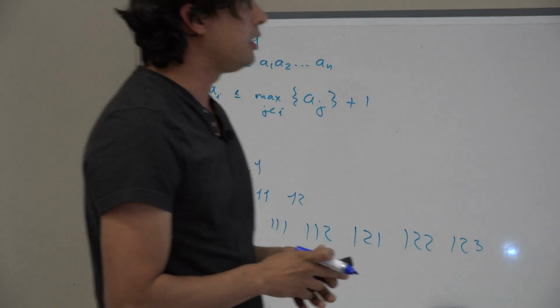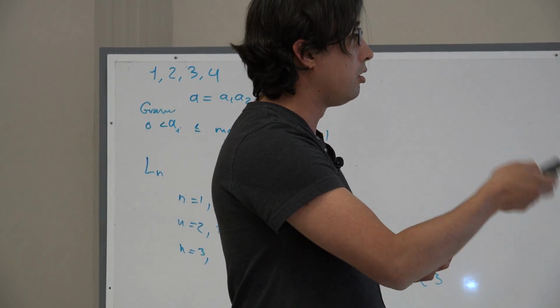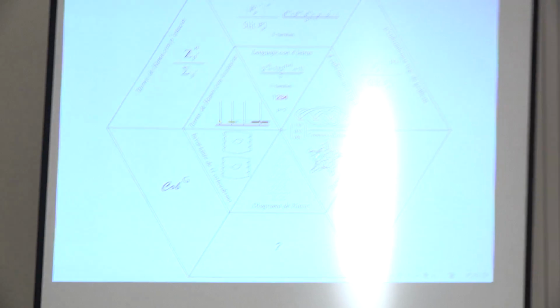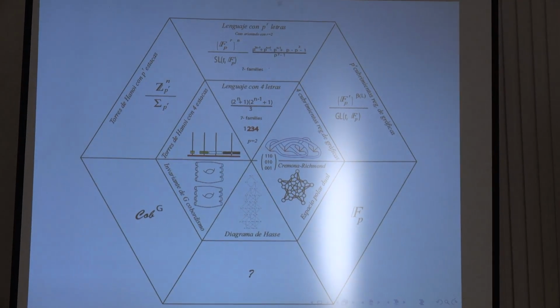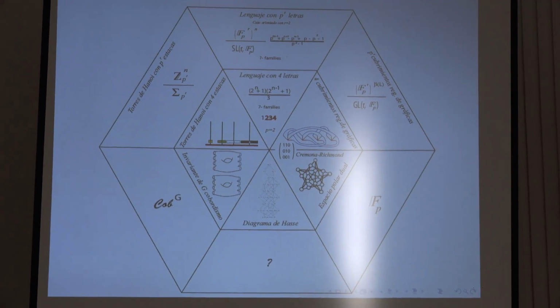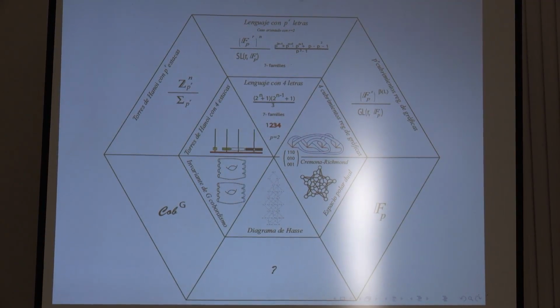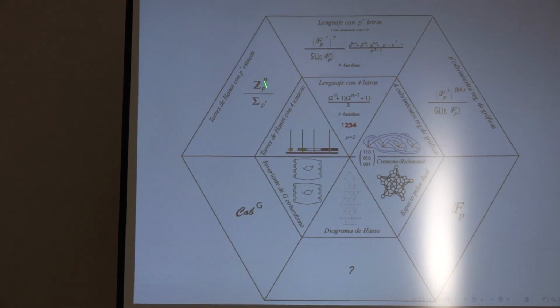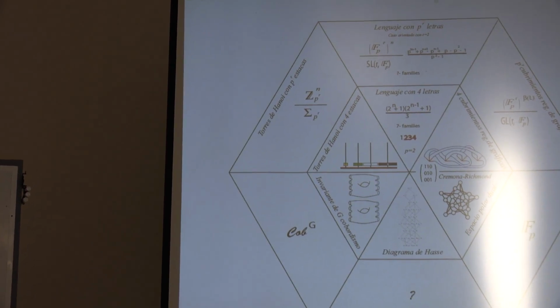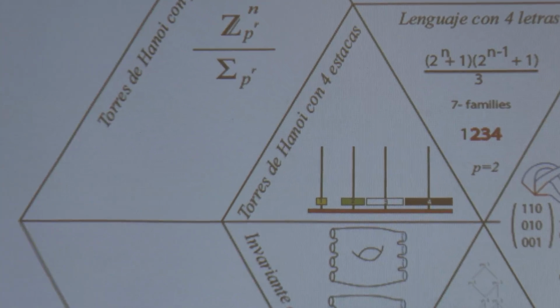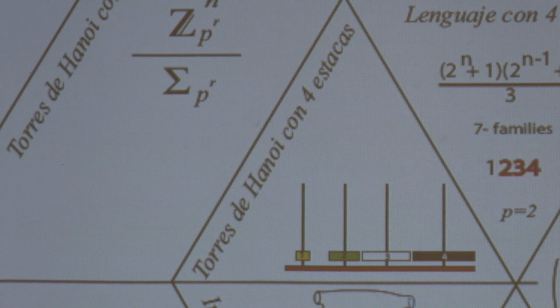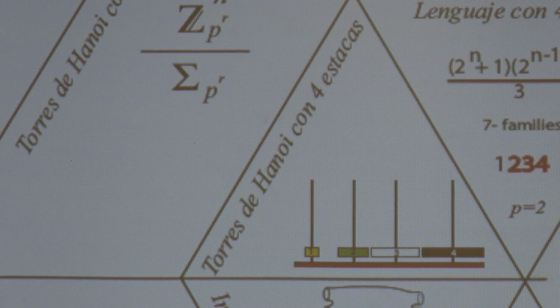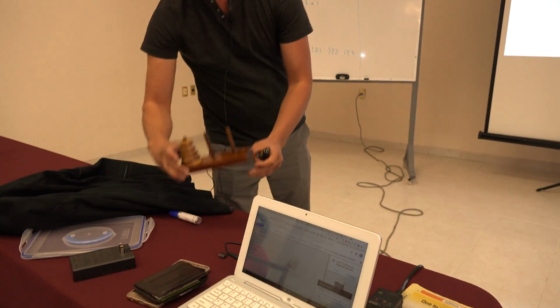But the interesting thing is that you will also have these numbers for the Cremona-Richmond configuration: you have 5. What happens with the Hanoi Towers? This is the interpretation with language. With Hanoi Towers, you can consider the usual game of Hanoi.